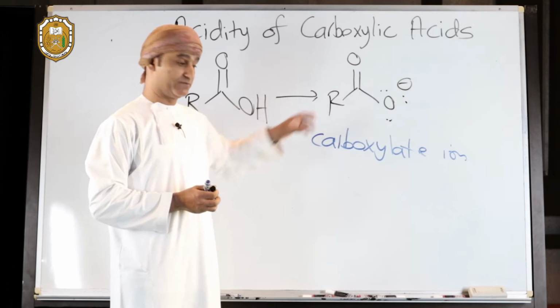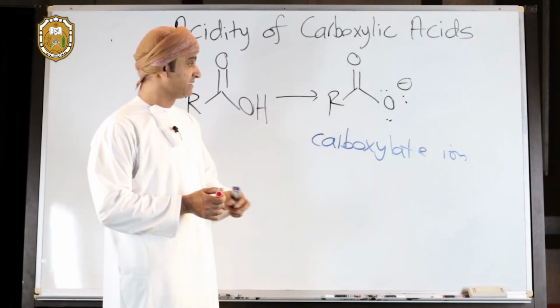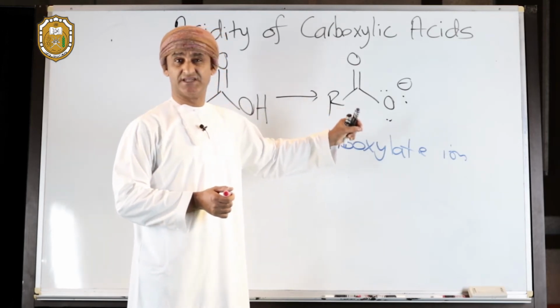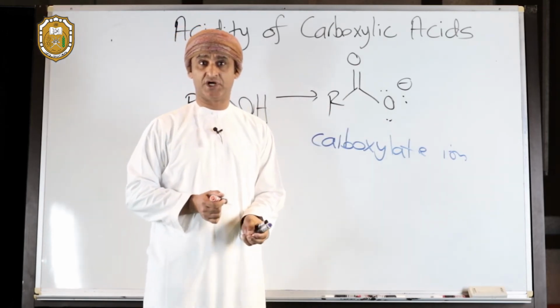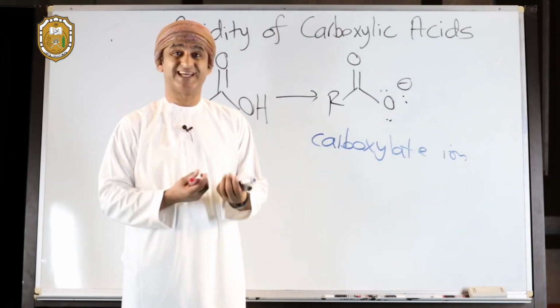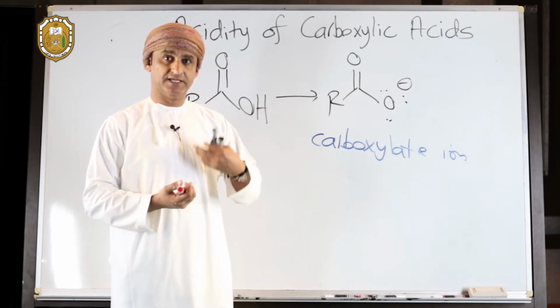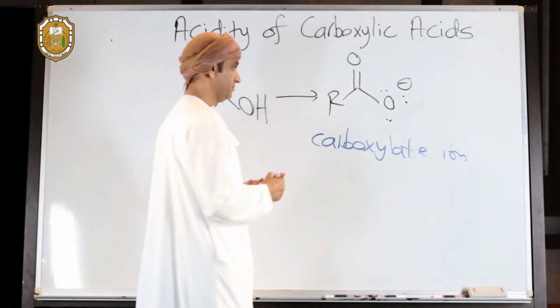Now, if you look at this carboxylate ion, you can see that it can be stabilized by resonance, in addition to the existing inductive effect on the negatively charged oxygen. Oxygen can tolerate the negative charge because it's an electronegative atom, so there is inductive effect. In addition to this, there is also resonance.